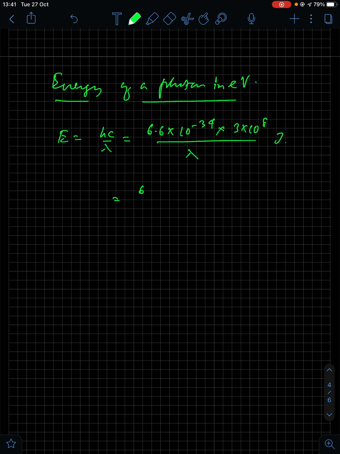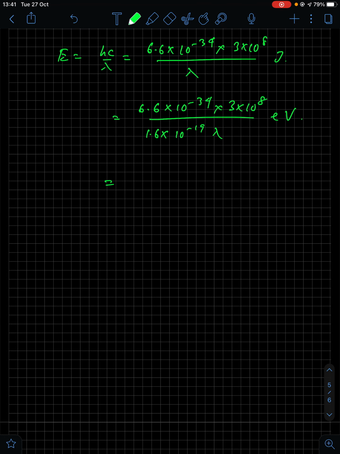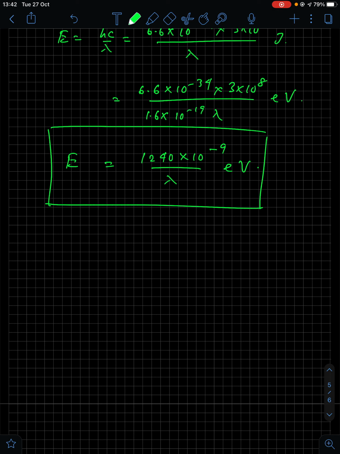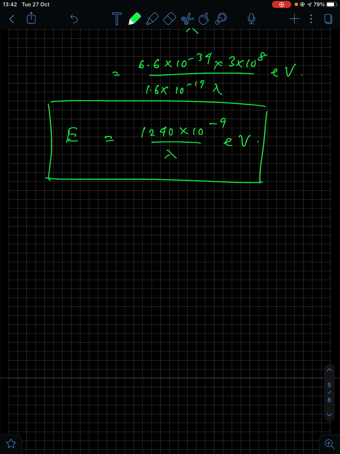Now if I divide by the value of e, 1.6 into 10 to the power minus 19, to convert into electron volt, this becomes electron volt. This calculation will roughly give you 1240 into 10 to the power minus 9 by lambda electron volt. You have to remember this relation. It is very helpful while doing questions, when you have to find the energy of a photon in electron volt directly, not in joule. You'll use this when the wavelength is given in meter and you want the energy in electron volt.